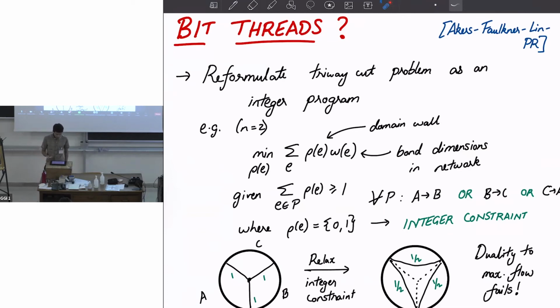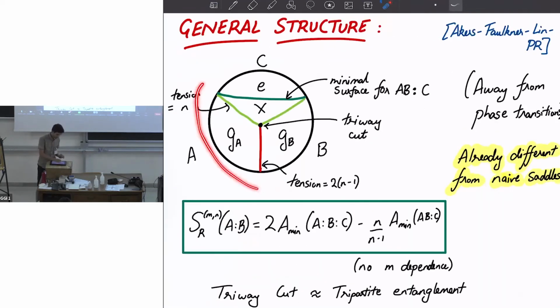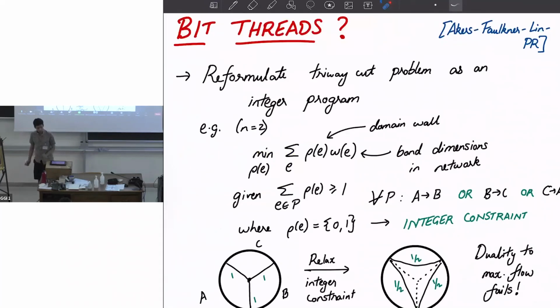When you think about the problem that we had here, which was trying to minimize the action given the existence of this tri-Weikart and the minimal surface, you can reformulate all of that in terms of an integer program.